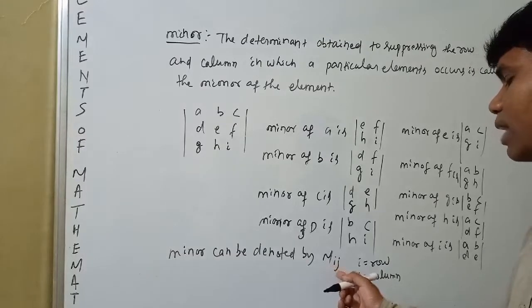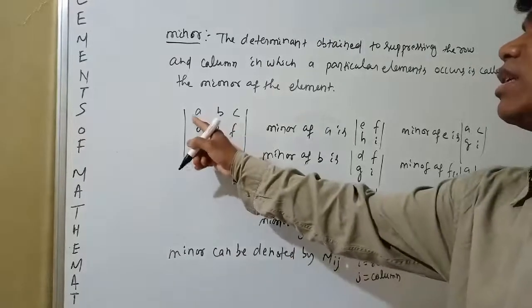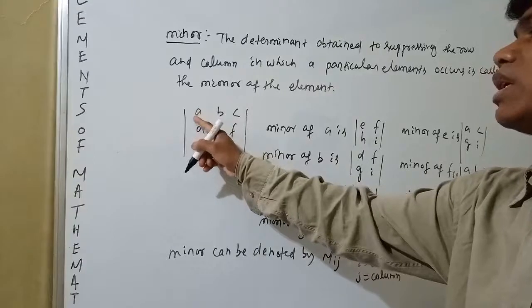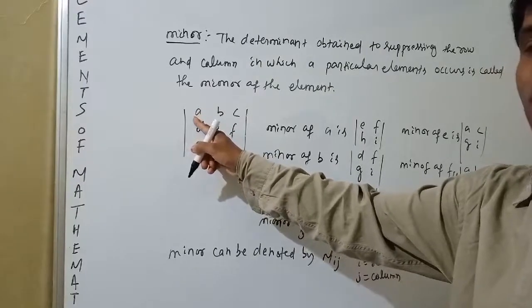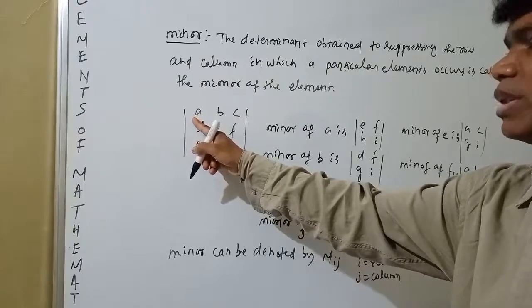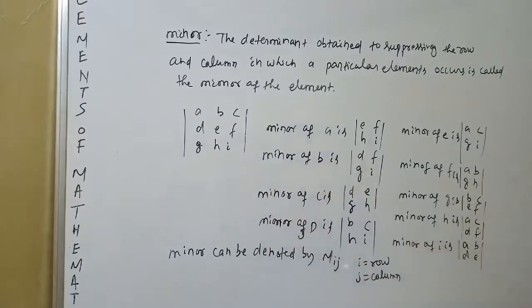Mij: this element lies in first row and first column.